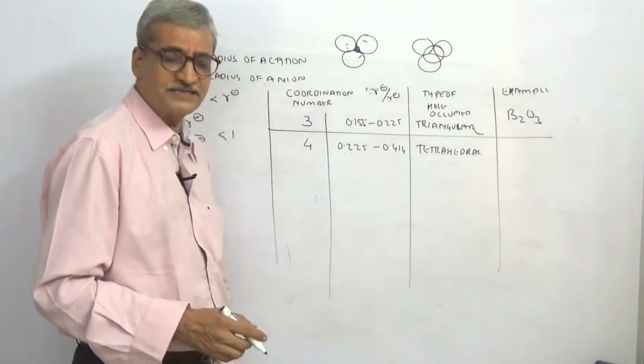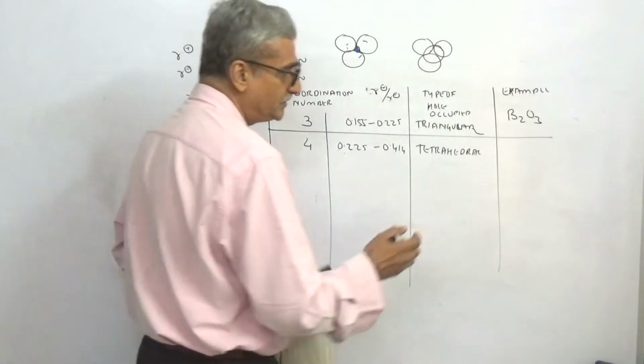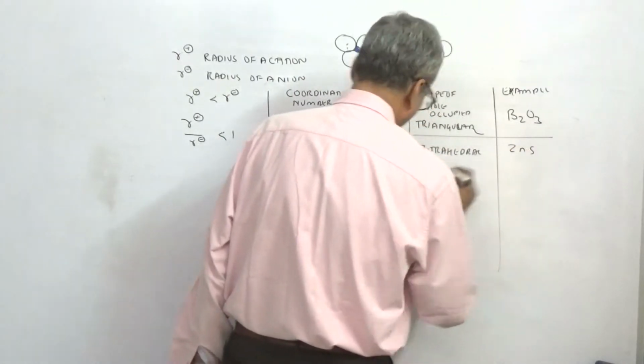Your cation is present in a tetrahedral hole. Example of this is zinc sulfide.